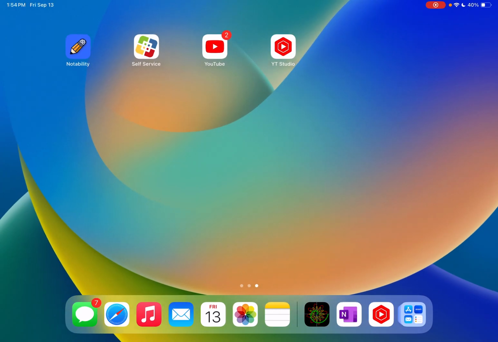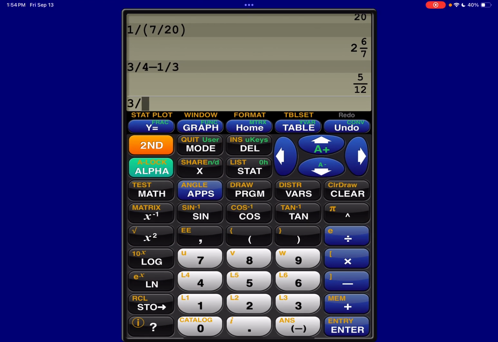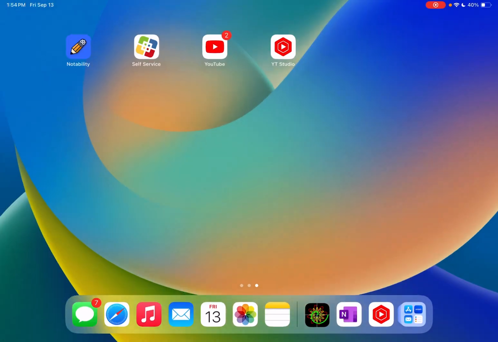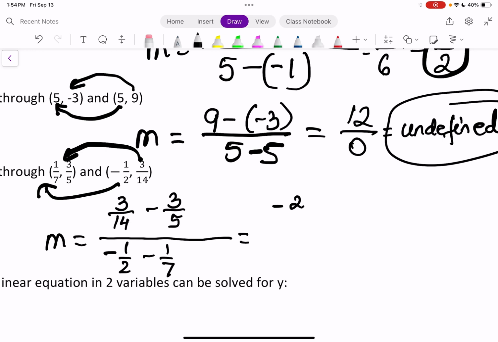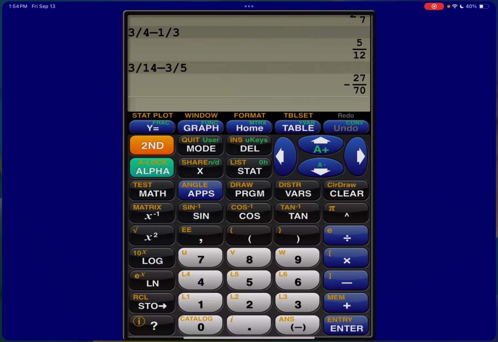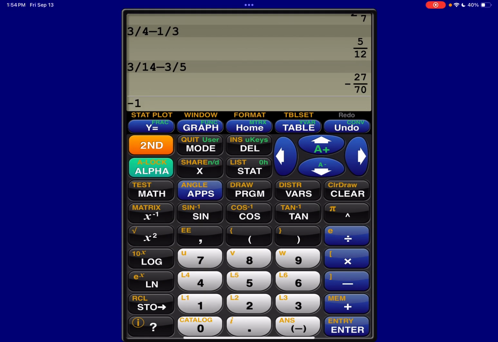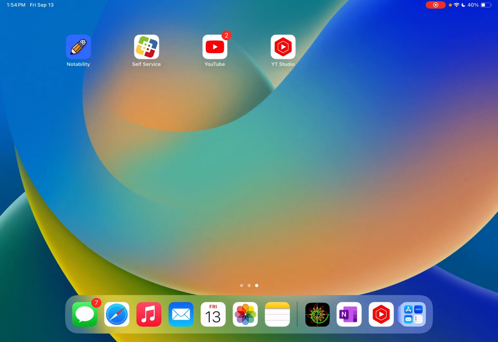So what is 3 over 14 minus 3 over 5? Okay, negative 27 over 70. Okay, put it in your calculator. What is negative 1/2 minus 1 over 7? That's negative 9 over 14.